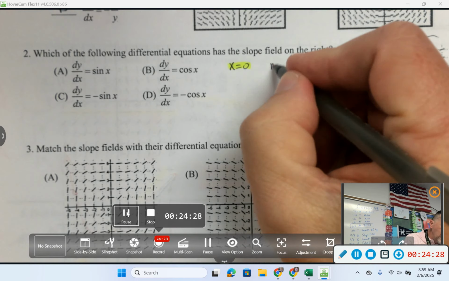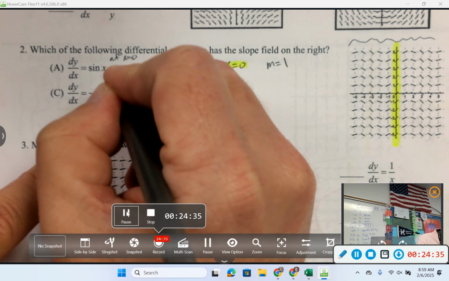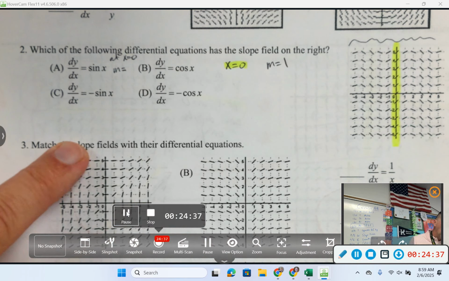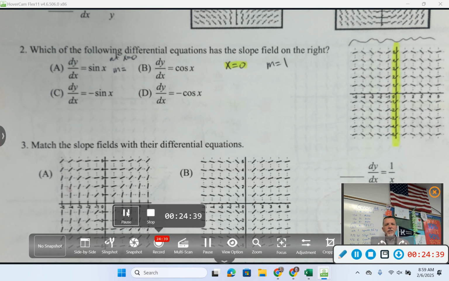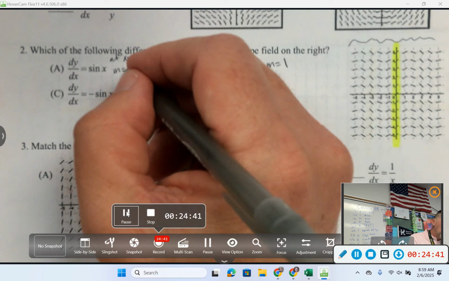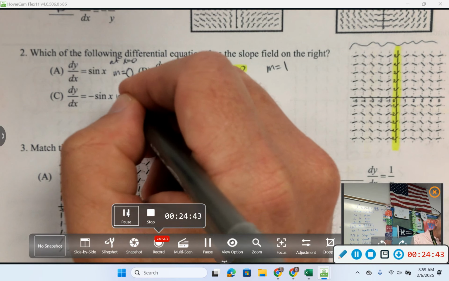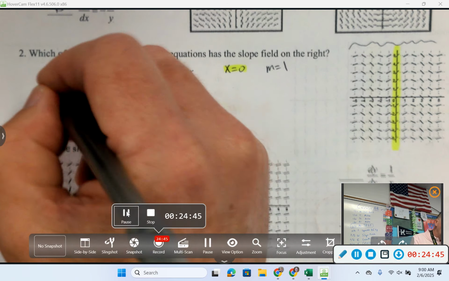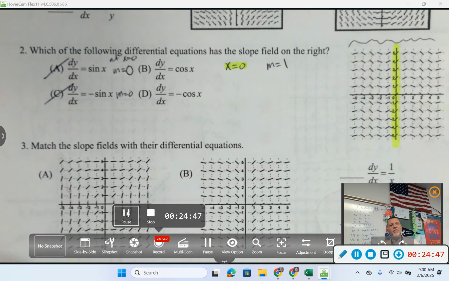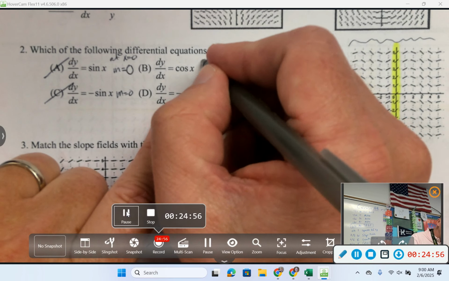So let's see if I plug in 0 at x equals 0. What's the sine of 0? 0. So what does that mean about A and C? They're out because they didn't have a slope of 1 at 0. Let's see, what's the cosine of 0?